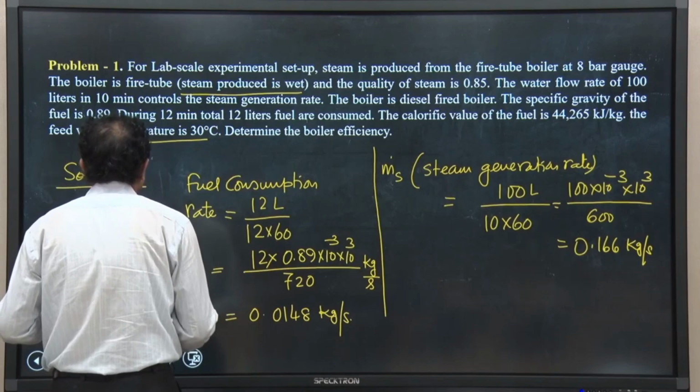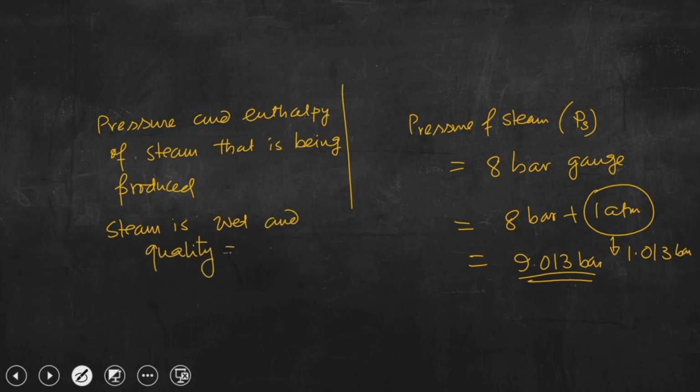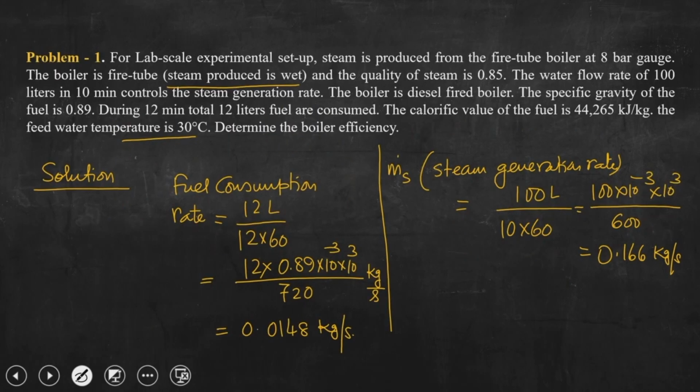So, the steam is wet, and the quality is equal to 0.85, that is given. So, quality is given as 0.85, right.